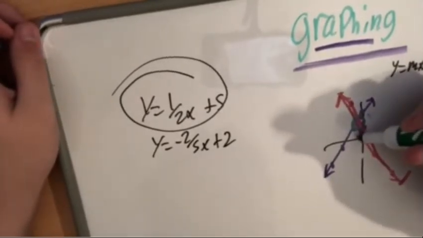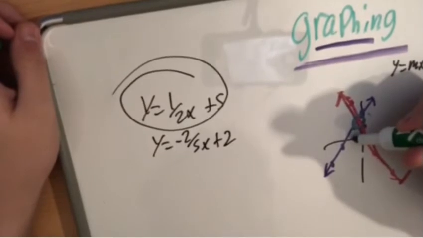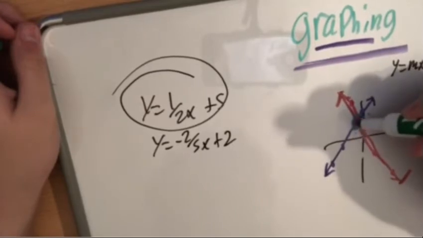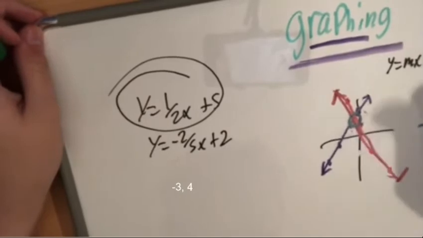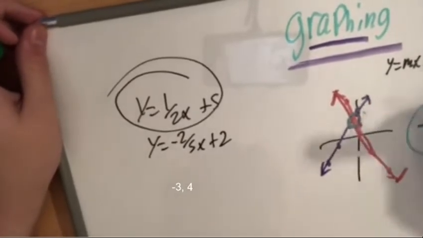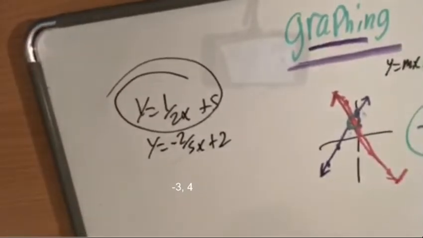So it's over 1, 2, 3. And then we go on the y-axis, which is a vertical line. And we go 1, 2, 3, 4. So we have negative 3 and 4 as our point.